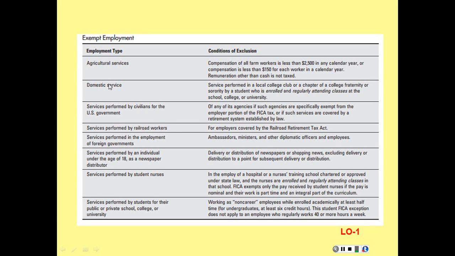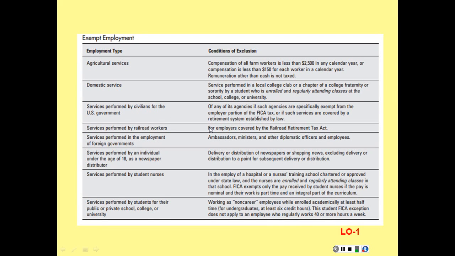Here's some other things. Domestic service in a college or college club, students get exemptions for certain things. Civilians that work for the military, railroad workers. Railroad workers fall under a completely different system. It's an entire system, an entire bureaucracy. There are lots of people still employed in dealing with railroad retirement issues.